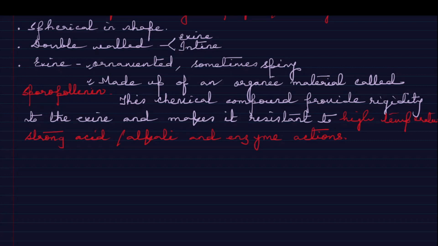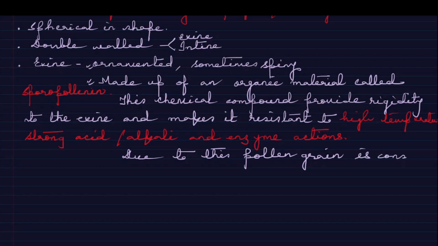This is the reason: due to this, pollen grain is considered as a good fossil. That means it can be preserved as a fossil due to this sporopollenin.